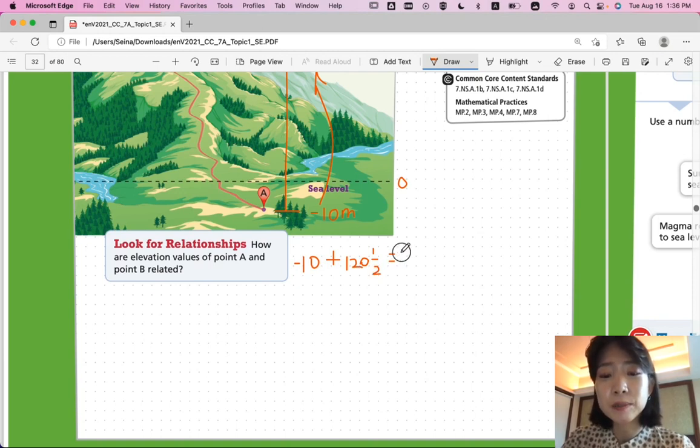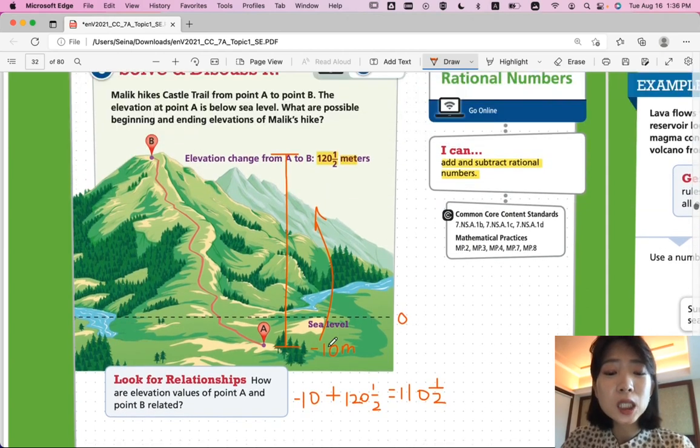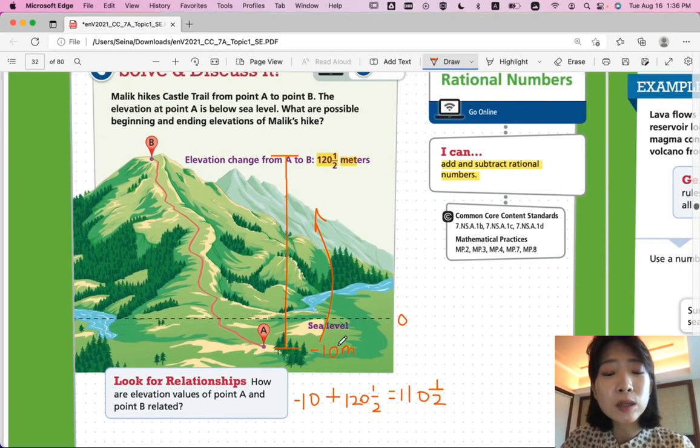So that's going to be 110 and half meters. Okay, so if we have a point that is 10 meters below sea level, your point B should be 110.5 meters above sea level.